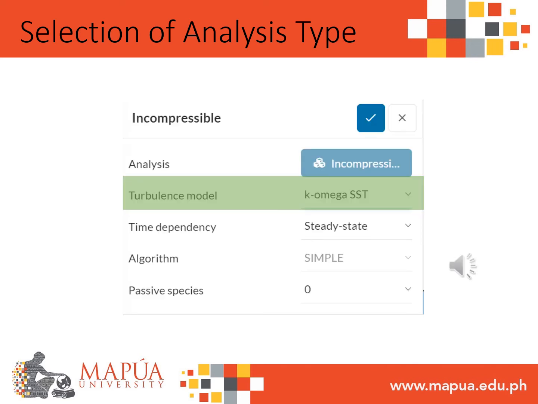To make our simulation more realistic, we will also account for the turbulence of the flow, and we can do that by selecting a turbulence model. For us, we will select the K omega SST model.